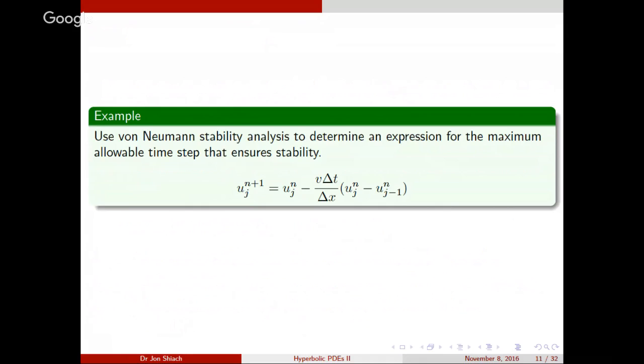On the left-hand side, I've got e, but it's the n plus 1, so I'm going to say e^{a(t+Δt)} e^{ikx}. Because it was the n plus 1, I have t plus delta t in place of t.